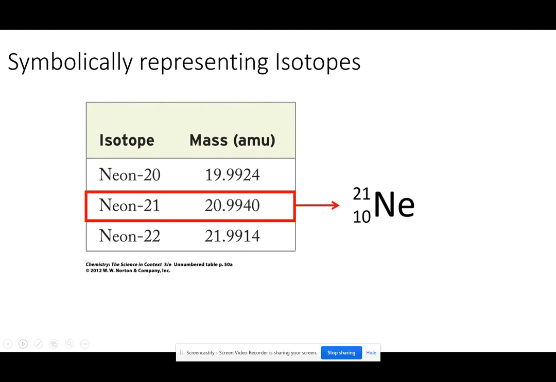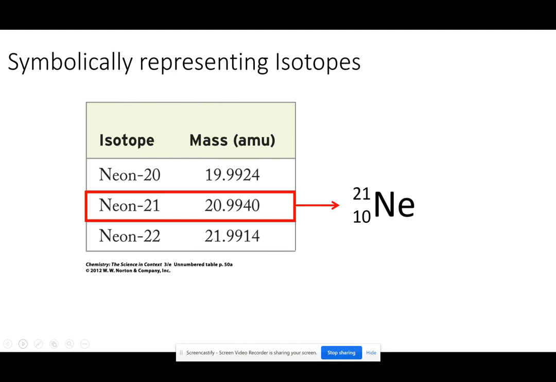So bringing this full circle, we've talked about isotopes. We've talked about how their masses change as we add different numbers of neutrons. Now I want to bring this back and talk about how we get that average atomic mass. Remember that number that we see at the bottom of the periodic table.